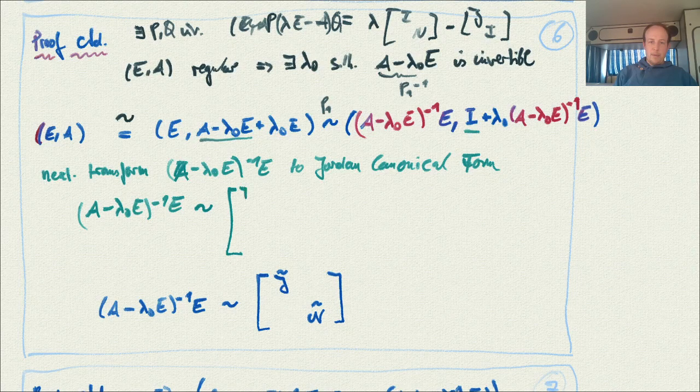here is J1 to some Jk whatsoever, and then we have some more Jordan blocks. I will talk about that in a second. K plus 1, it doesn't matter so much.